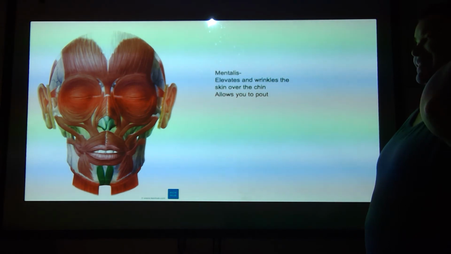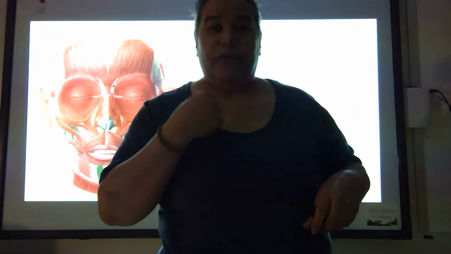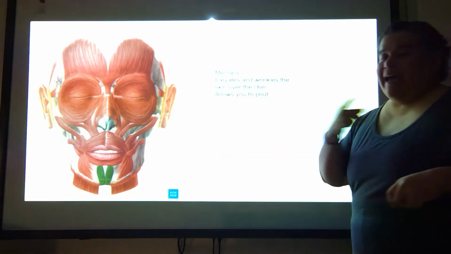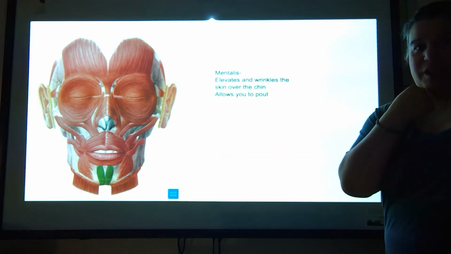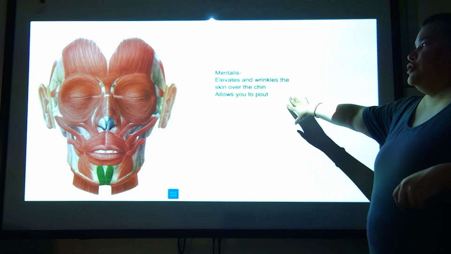We have the mentalis. Remember with the mental foramen, I said think of the thinking man, that guy that's sitting down thinking. Same thing, mentalis, it's going to be right here on the chin. This elevates and wrinkles the skin over the chin.